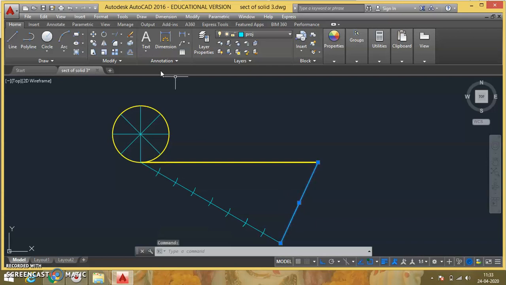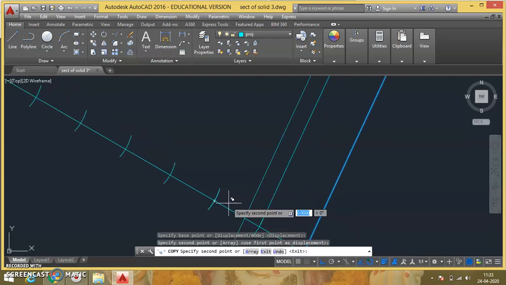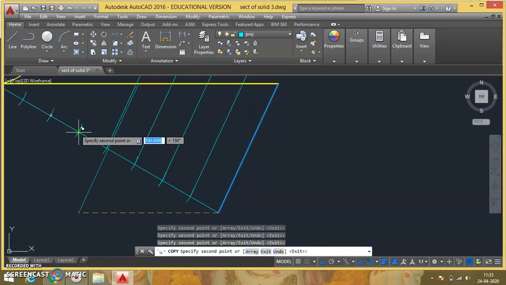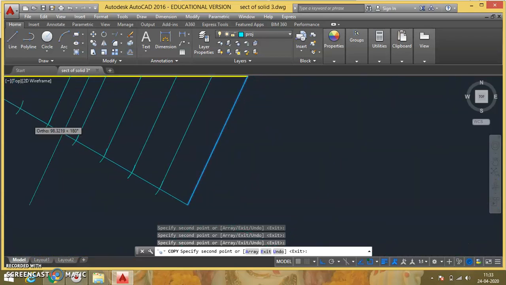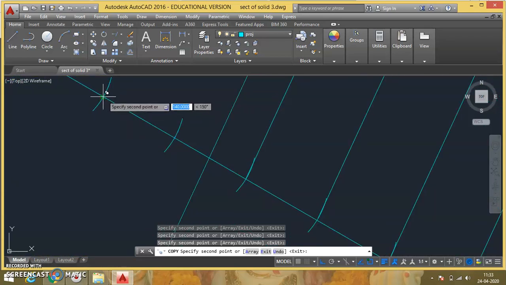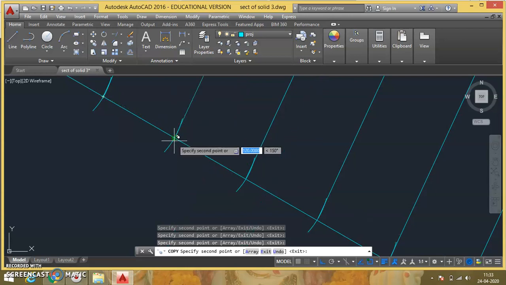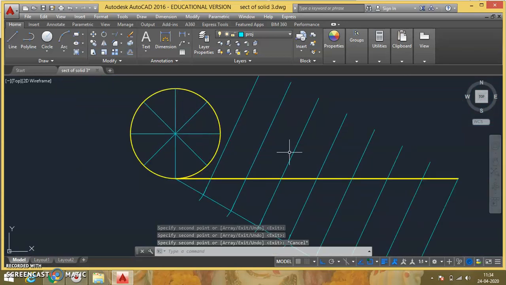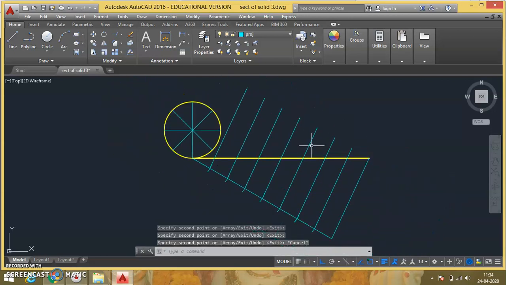I'll draw a line parallel to this line passing through this point, this point, this point, then this point, then this point, then this point, similarly this point. So you got lines parallel to this line passing through all the divisions we have.